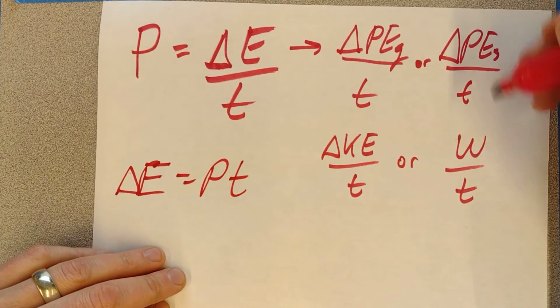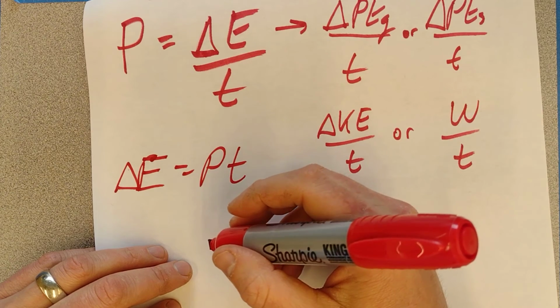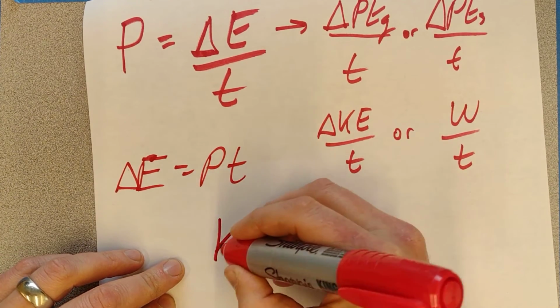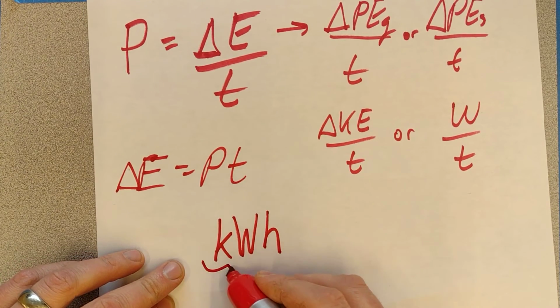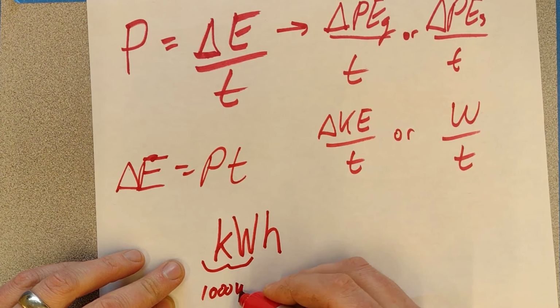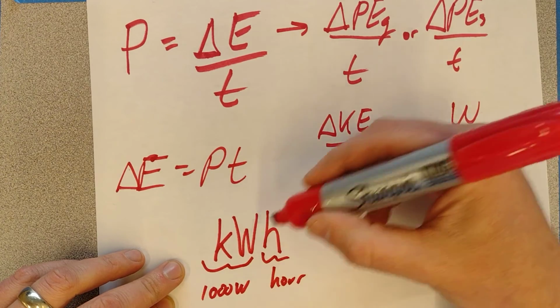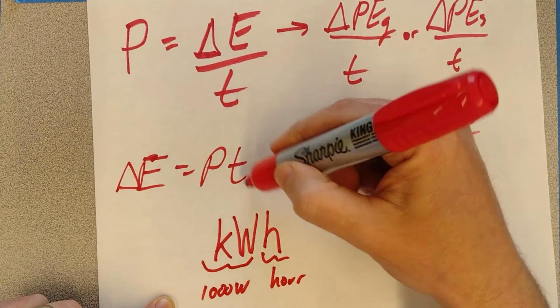Power times time. So sometimes you see the electricity company, right? You buy kilowatts times hour. Kilowatts, that's 1,000 watts, and this is hour. Kilowatt times hours. So that is an amount of energy. It's the number of watts times time.